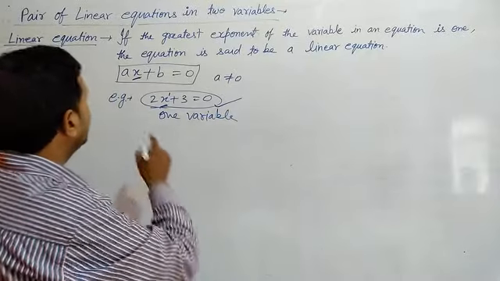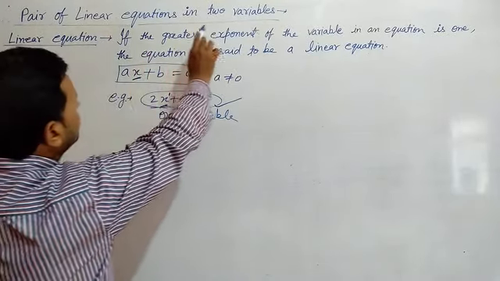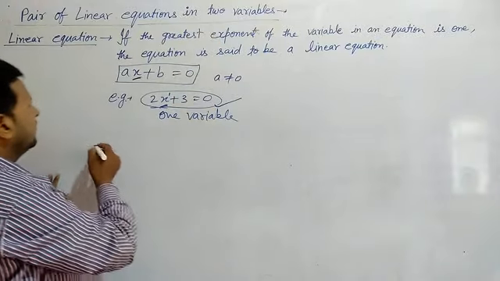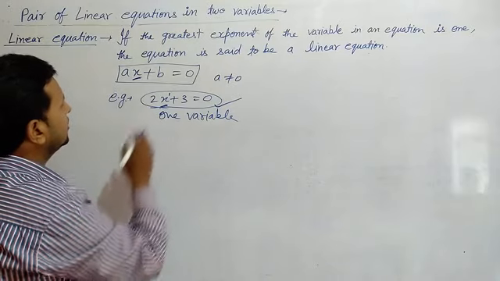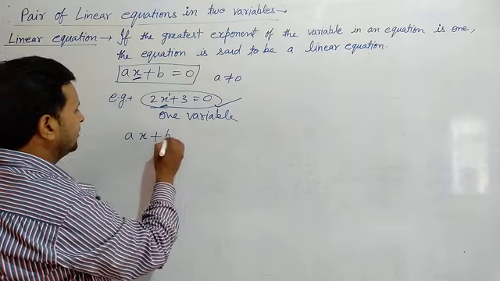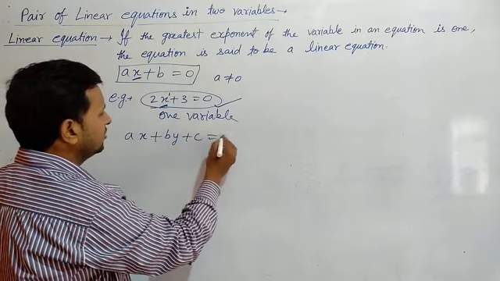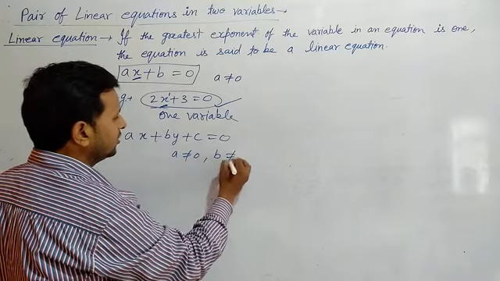But our topic is the pair of linear equations in two variables. So what does two variables mean? We have to write it in this way: ax plus by plus c is equal to 0, where a does not equal 0 and b does not equal 0.